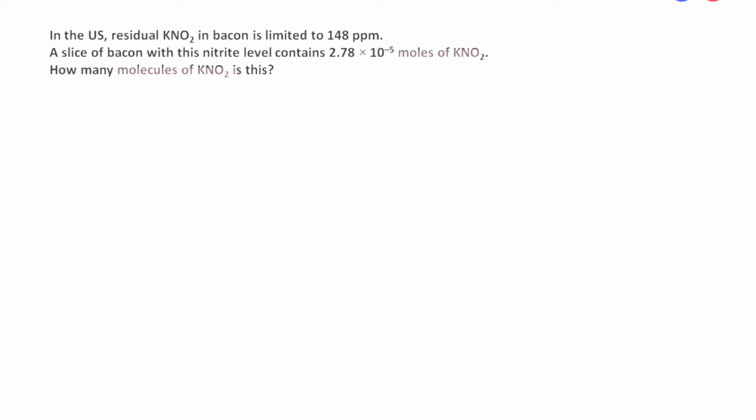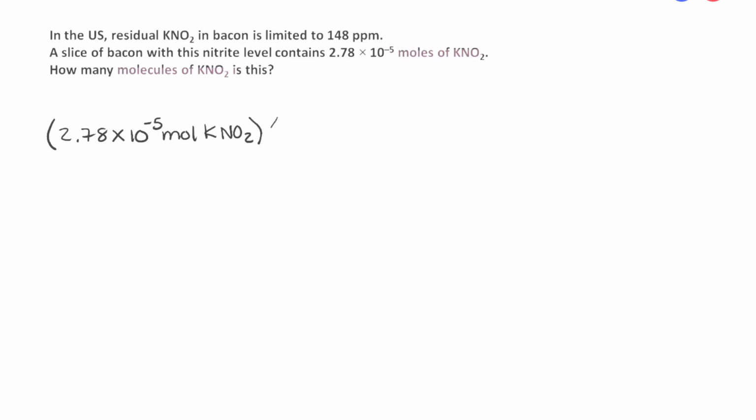As always, we'll start with what we're given, which is 2.78 times 10 to the negative 5 moles of KNO2. Remember, we have to write the units and the substance now because they have to cancel exactly.